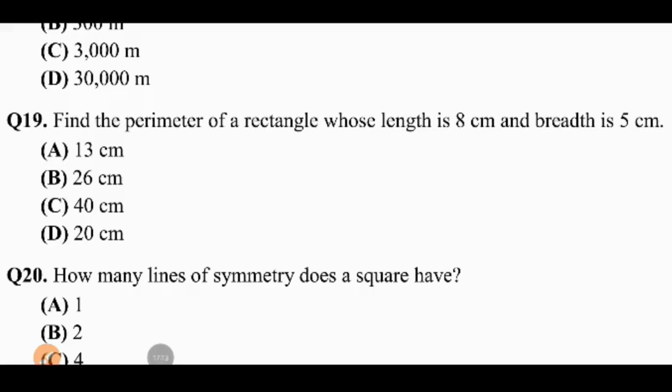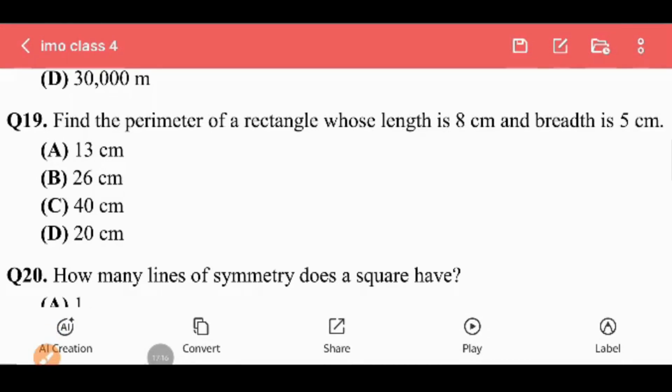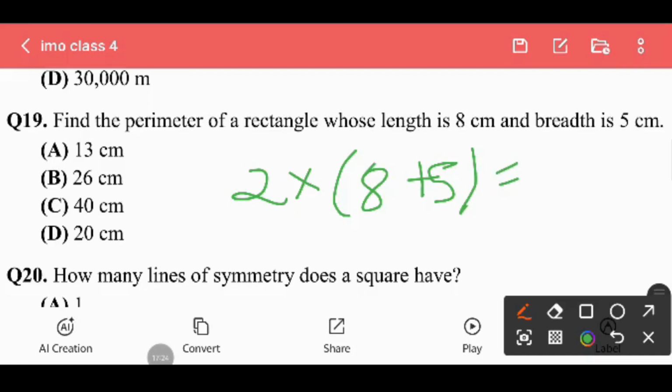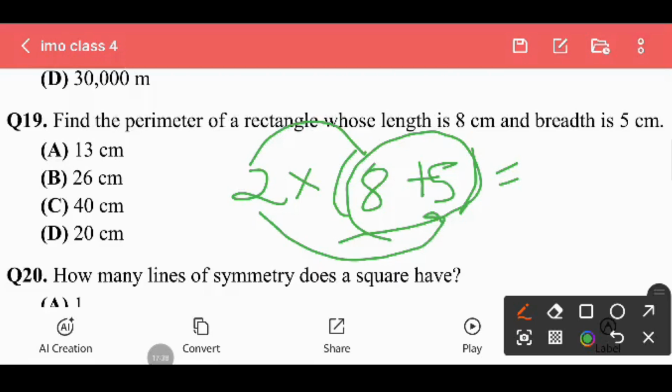How will we solve it? See very carefully. We can multiply both these numbers with 2, 2 eights and 2 fives. This way we can do it, and also we can add these numbers and simplify.